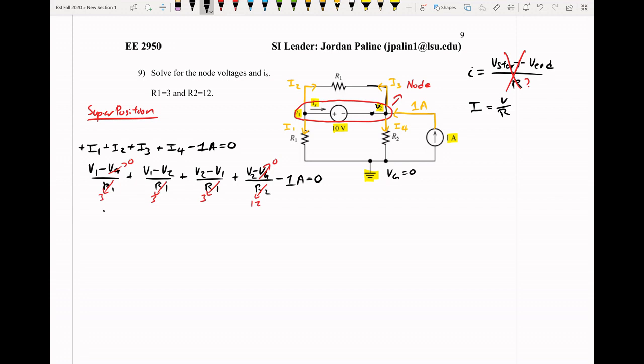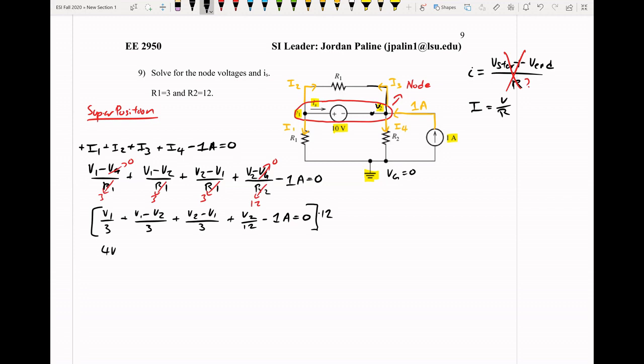So we get V1 over 3 plus V1 minus V2 over 3 plus V2 minus V1 over 3 plus V2 over 12 minus 1 amp, equal to 0. Now we multiply by a common factor, 12.